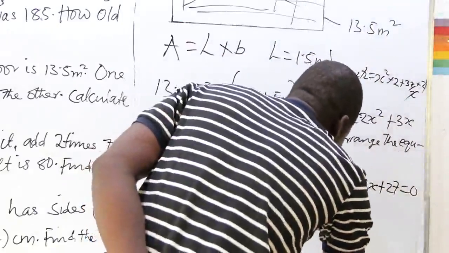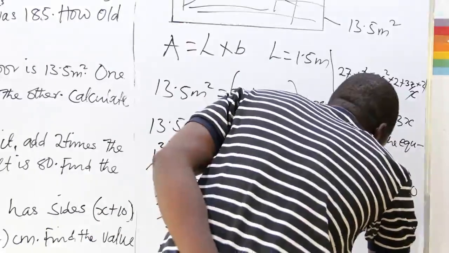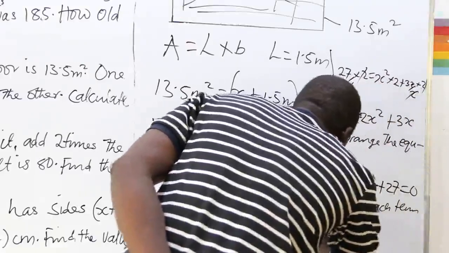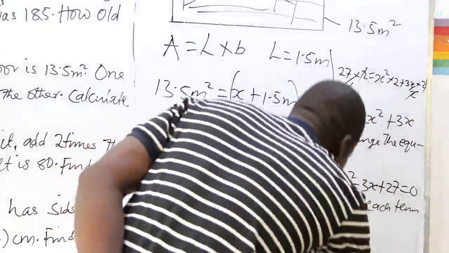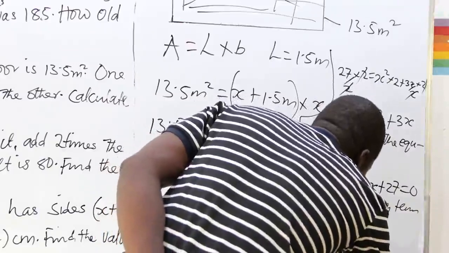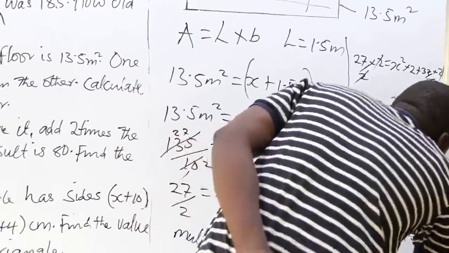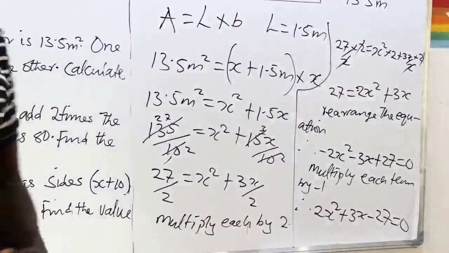So you can also multiply each term by minus 1, to remove this minus sign. We are going to have 2x squared plus 3x minus 27 equals 0. So now we have our quadratic equation.